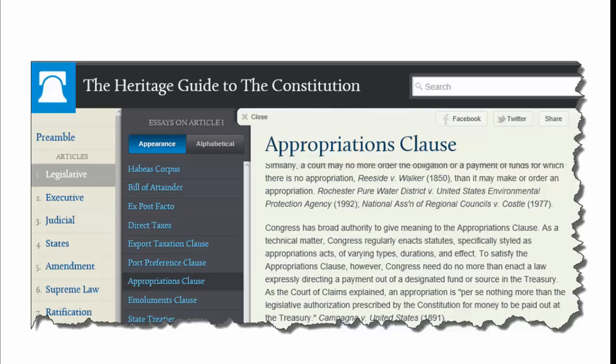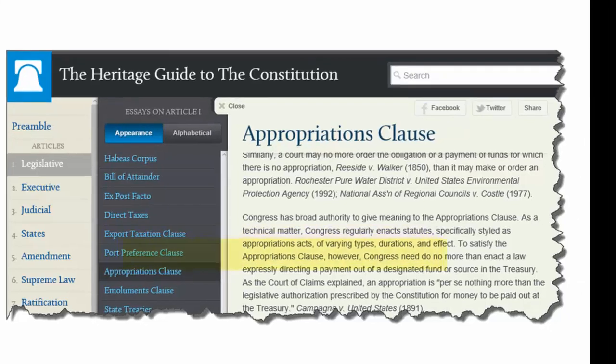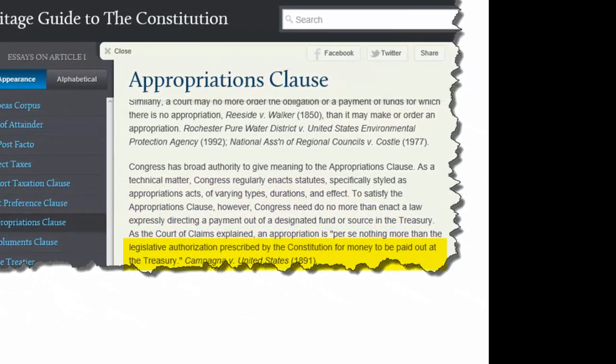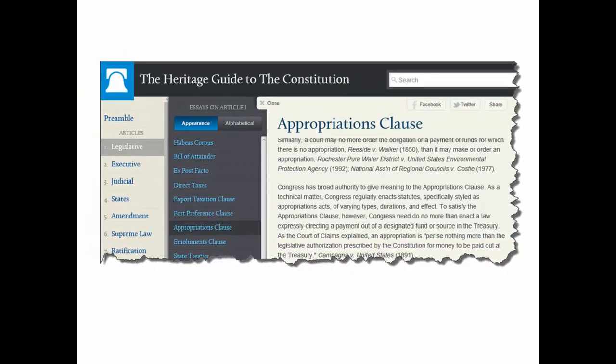Recall from the introduction that an appropriation made by law is a legislative authorization prescribed by the Constitution for money to be paid out of the Treasury. To satisfy this clause, Congress needs to specifically use the term appropriate or enact a law expressly directing a payment out of a designated fund or source in the Treasury in order for us to conclude an appropriation has been made.